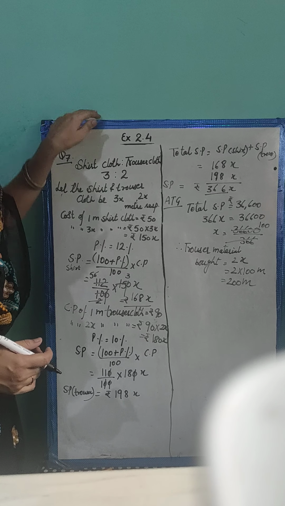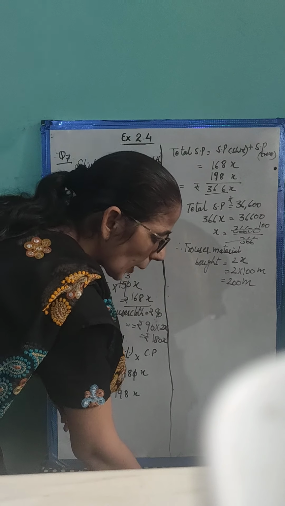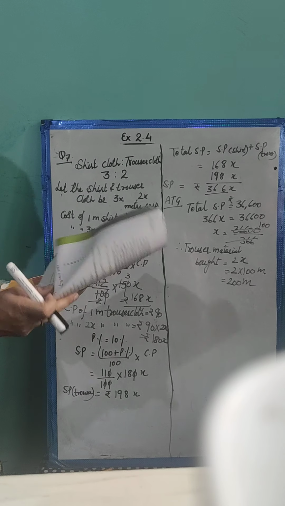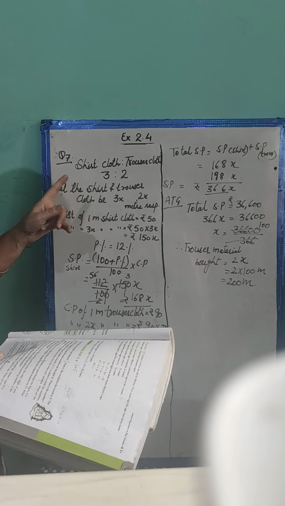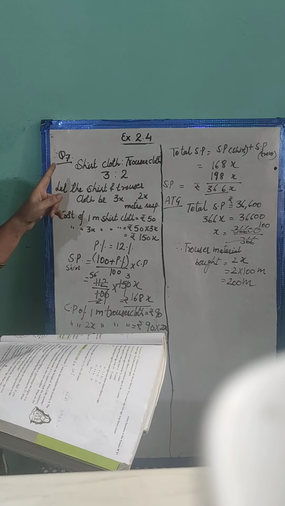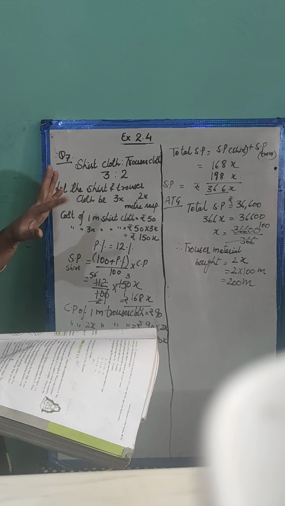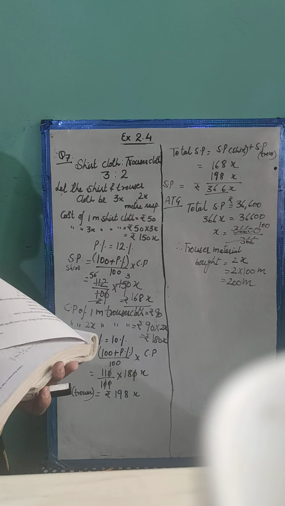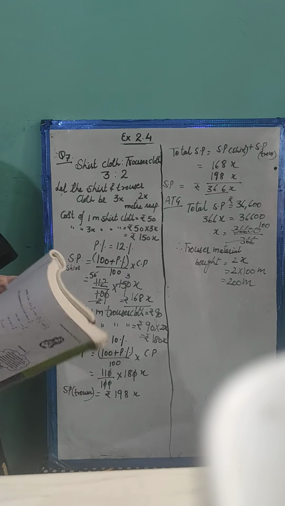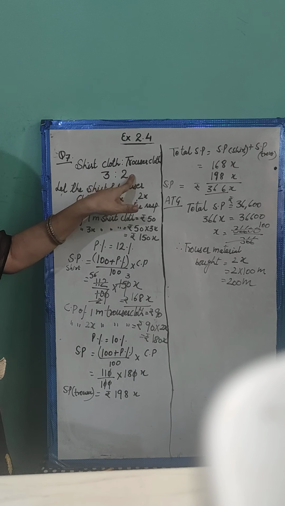I hope you have understood. Once again, please see this question step by step. What is given in this question? Hassan buys two kinds of cloth material for uniform, shirt material and trouser material at 50 and 90 respectively per meter. For every 3 meter of shirt cloth, he buys 2 meter trouser cloth.